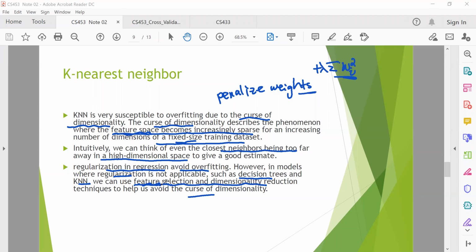So if you limit the features and select the best features that will work for your model, that can help to better train the model. The other method is called dimensionality reduction. Later on we will also see it.